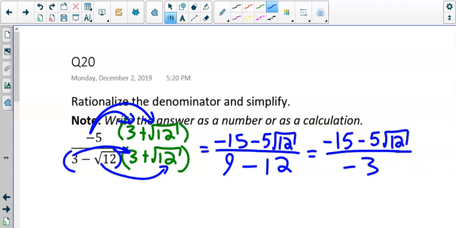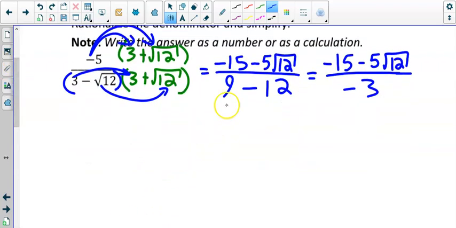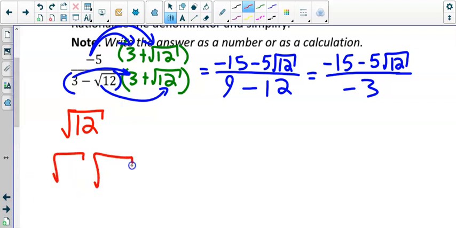So this is where we need to now start thinking about simplifying. And in order to simplify, the first thing you're going to take care of is the radical. Can the square root of 12 simplify down? Yes. What does it break apart into?